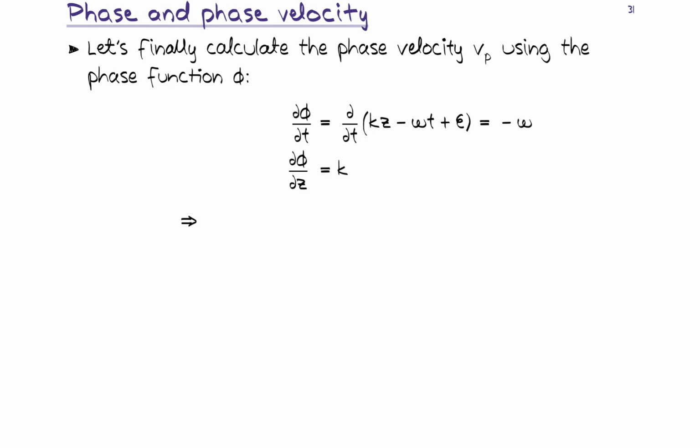Nothing strange. And now we can combine things so that we have the phase velocity, this guy here on the left-hand side, Vp, and this is equal to the minus ratio of these partial derivatives, and we can plug in what we already discovered, so that we have omega per k, the propagation constant, and this is the phase velocity.